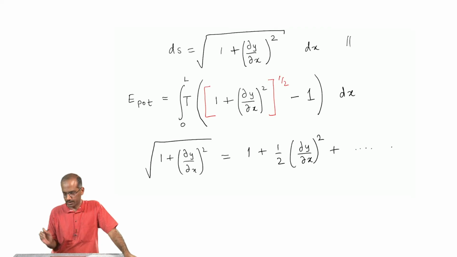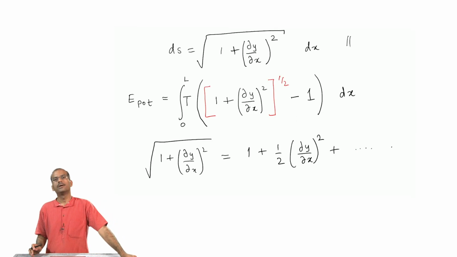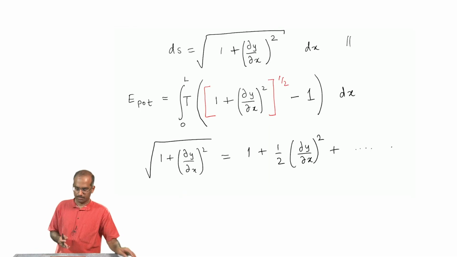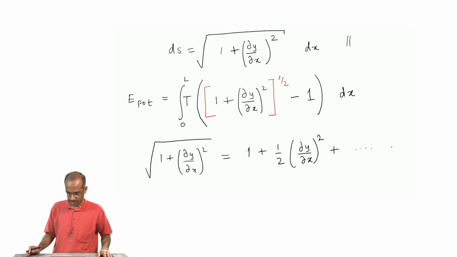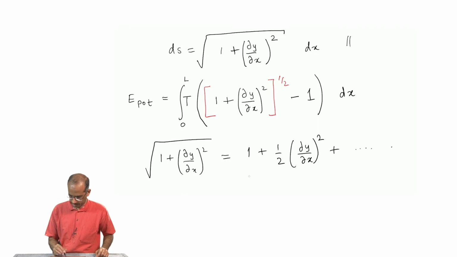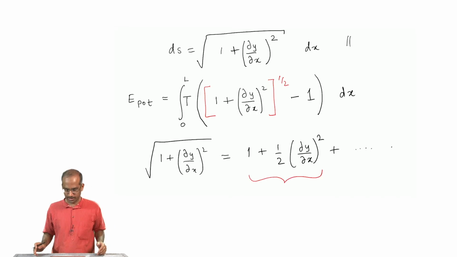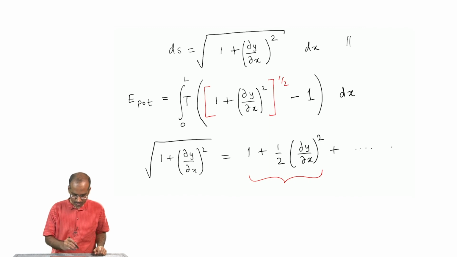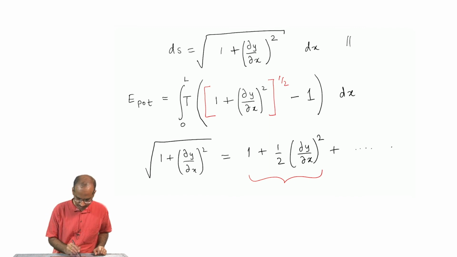Plus there are higher order terms which we shall ignore, because dy by dx is small enough. If I substitute this within these red brackets, this 1 and minus 1 would cancel. So, my final expression for the potential energy would turn out to be the following.